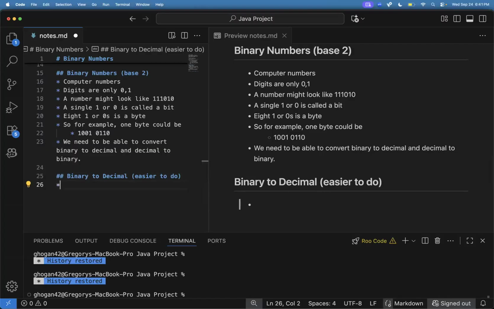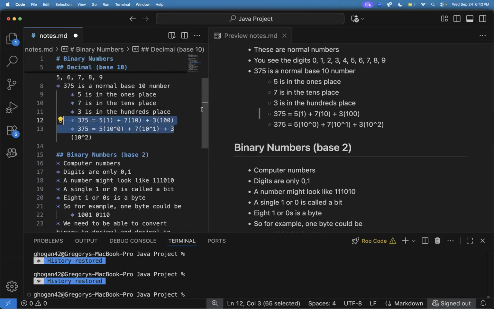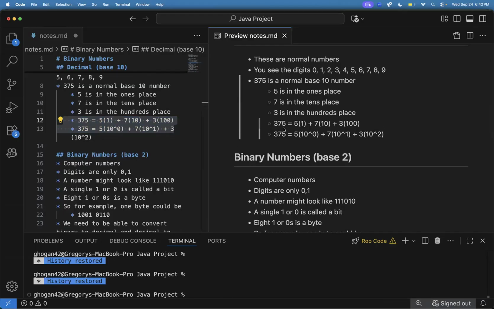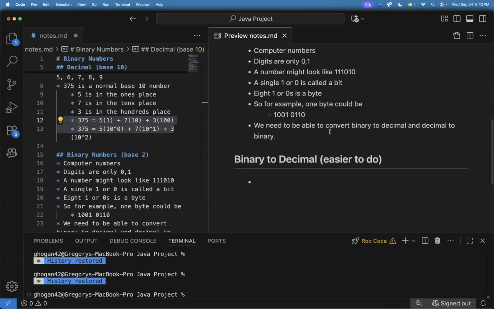And so we basically just do exactly what we did here. When we say 375 is 5 times 1 plus 7 times 10 plus 3 times 100, you can do that same exact thing, but instead of using 10 to the 0, 10 to the 1, 10 to the 2, right? 1, 10, 100, 1,000, etc., we're going to use powers of 2. So when you're doing binary, you need powers of 2 instead of powers of 10.